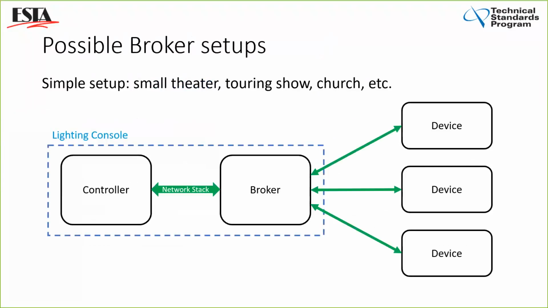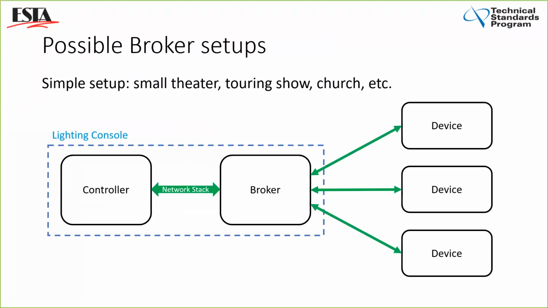So just a little bit of a deeper dive into some of the broker setups, the system setups that Scott was mentioning earlier. In the example where the controller and broker both live inside a lighting console, what would typically happen is that the controller would be the graphical software that the user uses for lighting control, like the lighting console software that you're all familiar with.